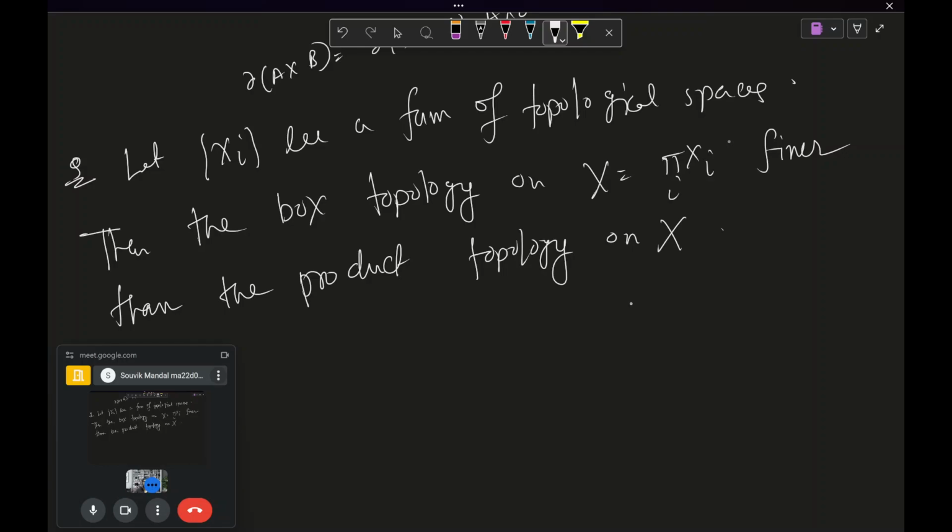You must have seen some situations where those are equal, but that is not our concern. Our concern is whether in this question they will be equal or not. So that's why it's an interesting problem. And by the way, it's a countable product, so we should write i belongs to N.